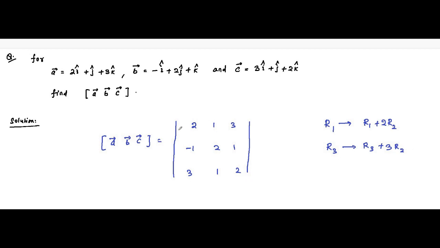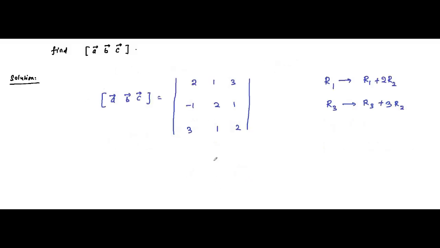When we substitute R1 with R1 plus 2R2, that is 2 multiplied with row 2 added with the elements of R1, this becomes: 2 plus 2 into minus 1, this becomes 0. Then 1 plus 2 into 2, that is 1 plus 4, this becomes 5. Then 3 plus 2 into 1, that is 5. So 0, 5, 5.